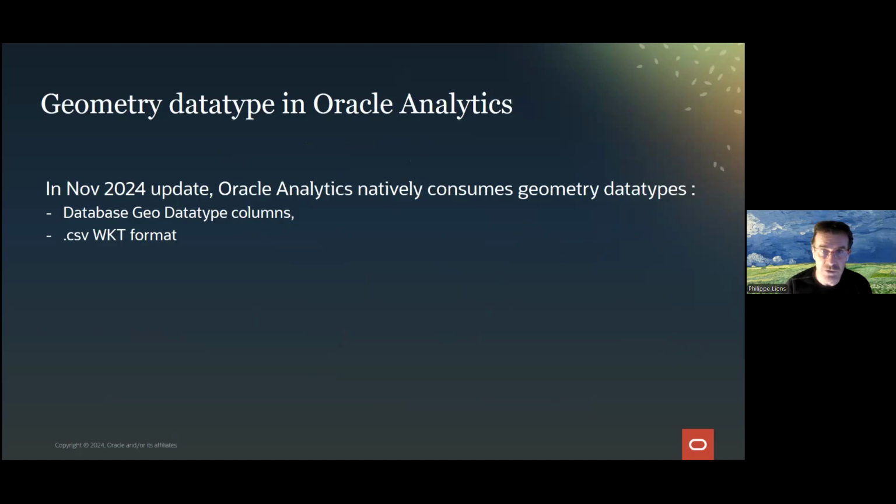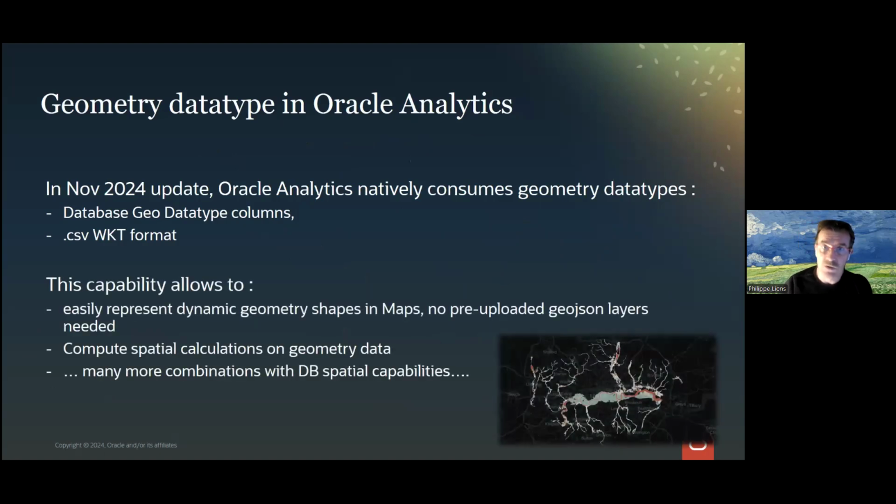And functionally, it means that you can represent, or your users can represent, maps based on these geometry columns or data without the need for any preloaded GeoJSON layer, just directly in a dynamic way, dragging your geometry column into a map.